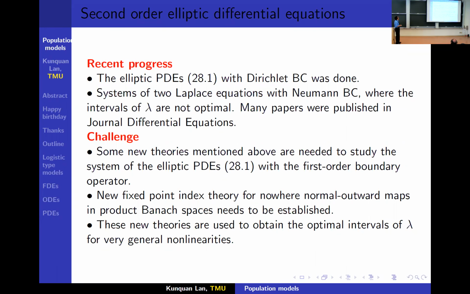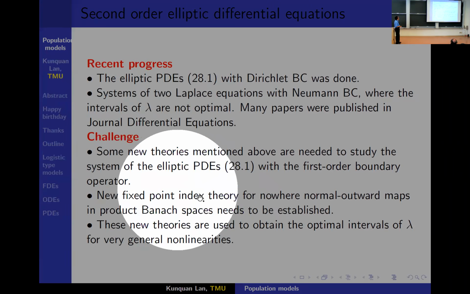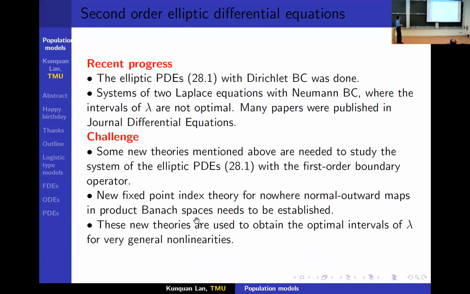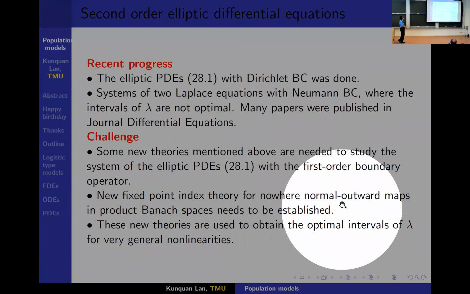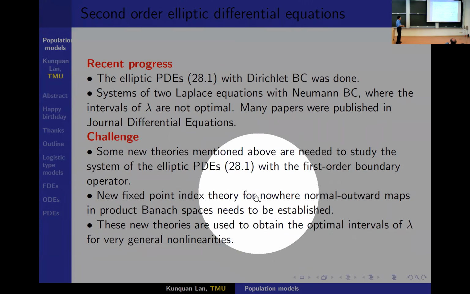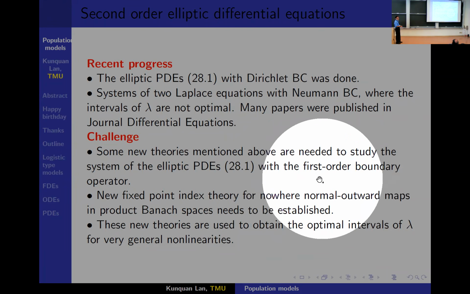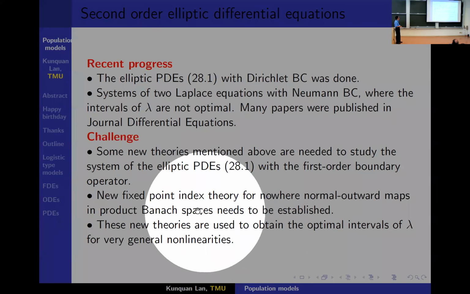So this paper is not published. So the challenge is how you can show the Green function or the operator is nowhere outward in all dimensions. So how to show this is a nonlinear map. It's a nowhere outward map if you want to use a fixed point index theory.